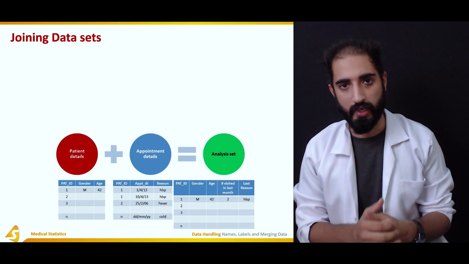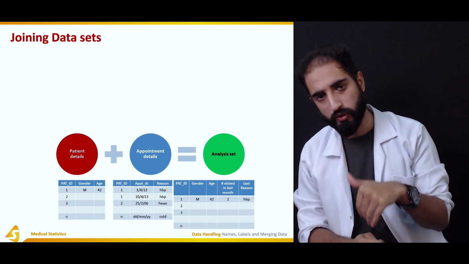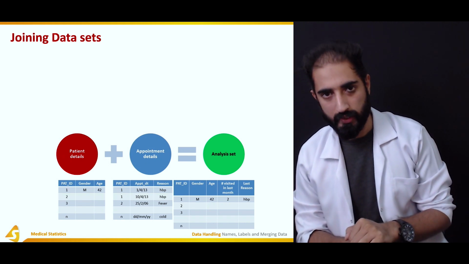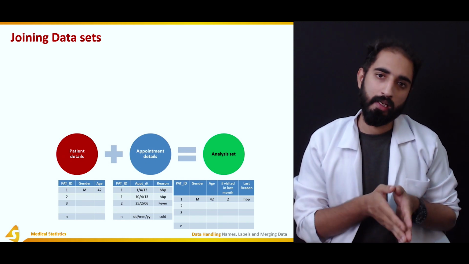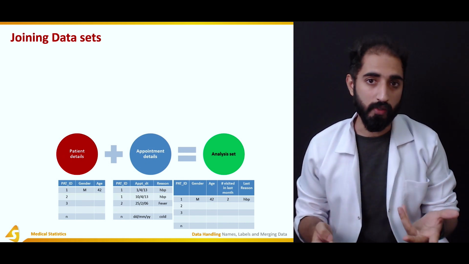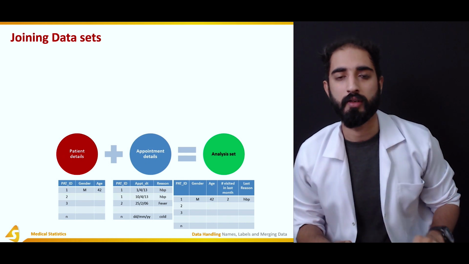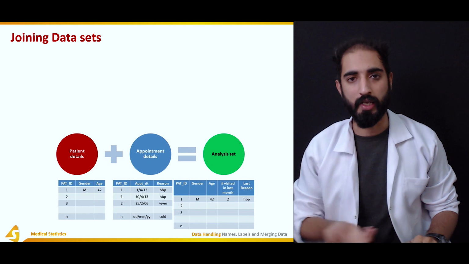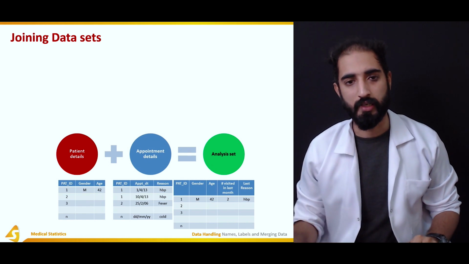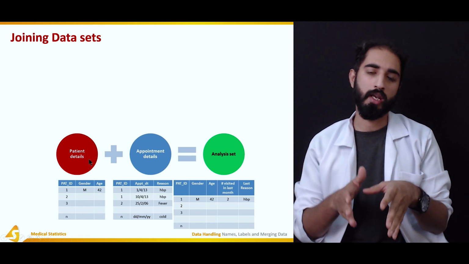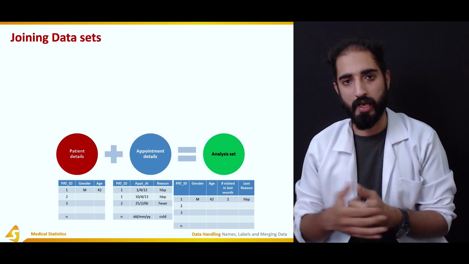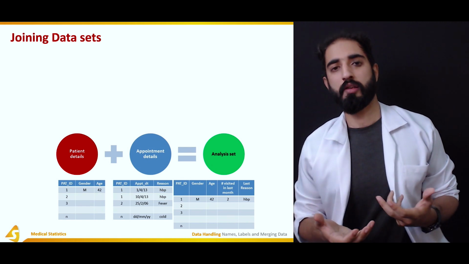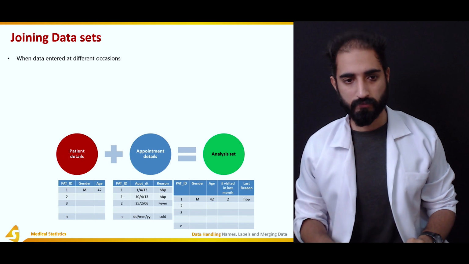That is known as joining data sets. Or sometimes we are actually taking data of the same individuals but from different forms, so that also needs to be compiled together. That is once again an example of joining data sets, such as joining patient details with appointment details and then having a joint analysis set.